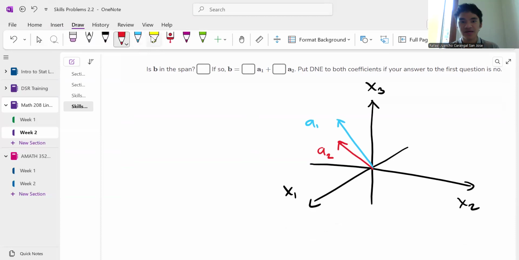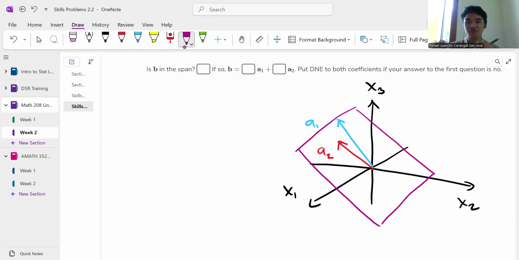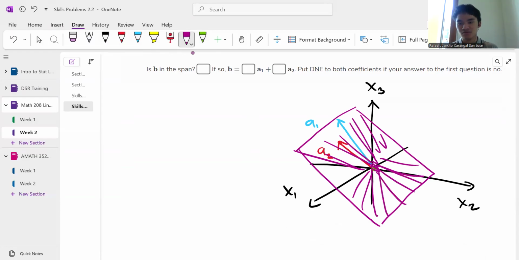And so maybe a span would be something like this, that plane. Because if we kind of move the vectors around, think of it like a string. If we move these strings around and it's attached to the origin, it could go this way or it could go this way, right?